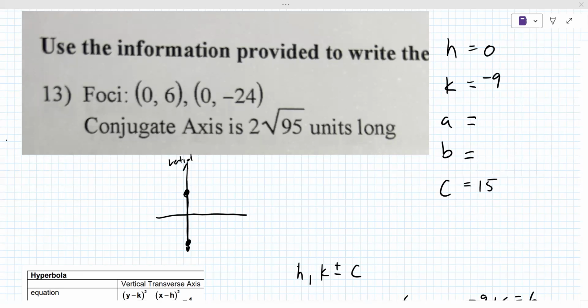It's probably the distance between vertices, but I need to check because this isn't standard language. It's rare to actually do any more. Conjugate axis, distance between the co-vertices. We don't want that.